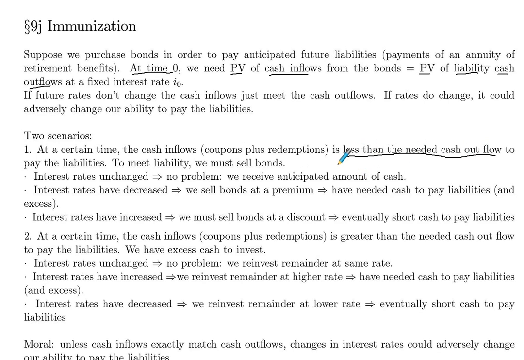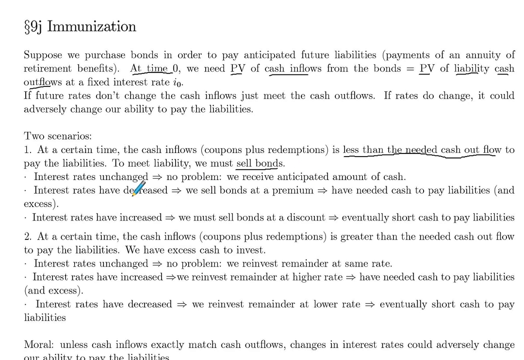Well, in order to meet their liability, they've got to sell some bonds. They've got to sell more bonds than just the coupons plus redemptions that they had. Well, if interest rates have not changed, then it's no big deal. They're going to receive the anticipated amount of cash, what they planned on.